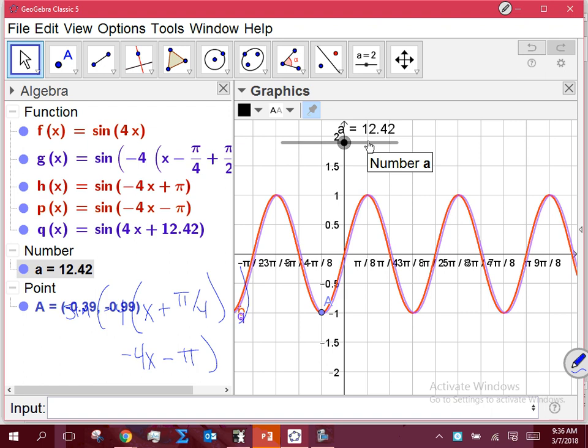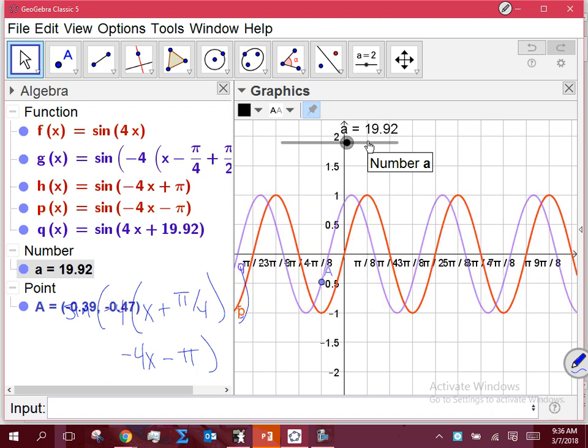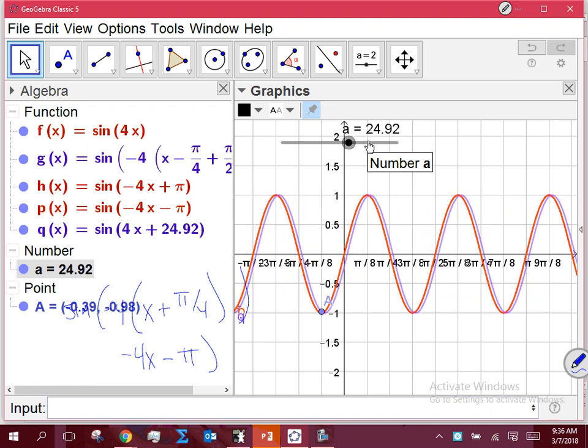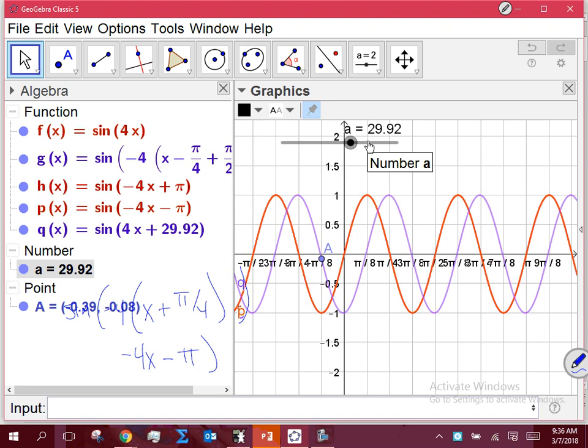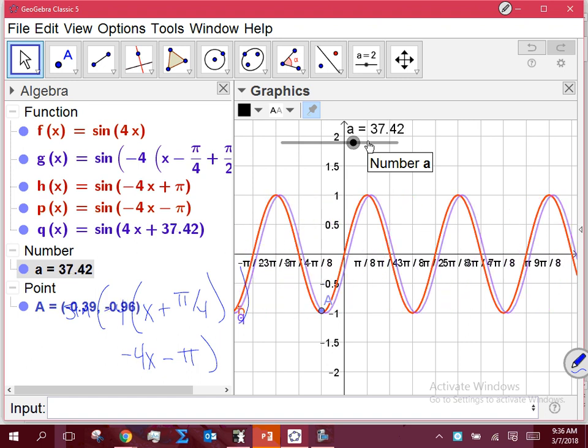So that would be another version of the equation. And I keep moving it, and they go again, right? It's a different version. And now taking some liberty, they're close enough, right? So they would have eventually overlapped. That's a different version. So just by adding our period over and over again, we will basically be sliding the graph left or right to match up with itself again.